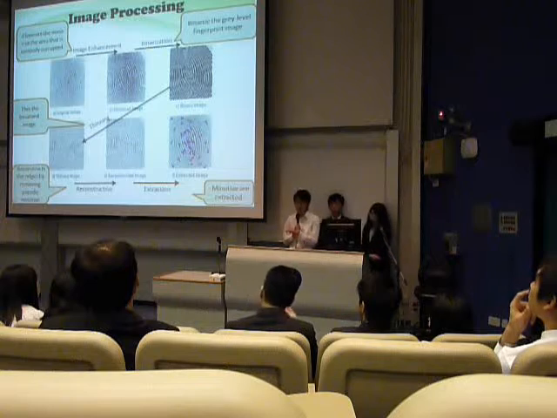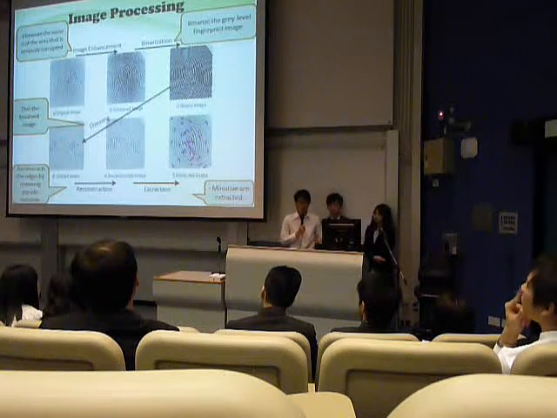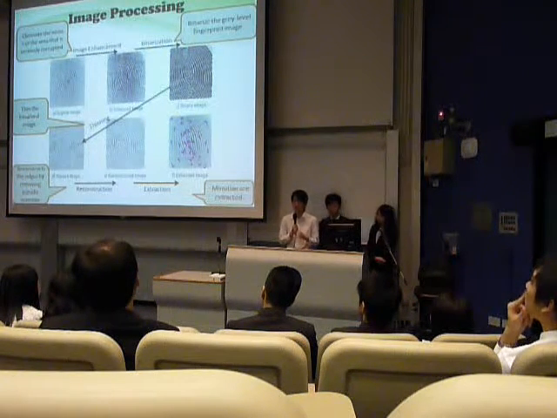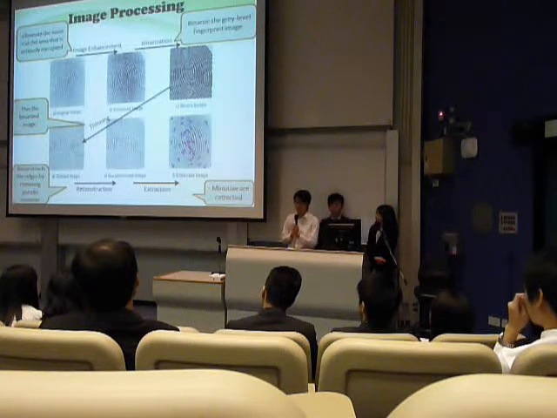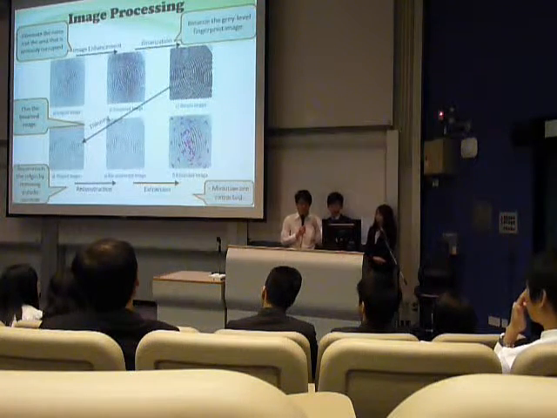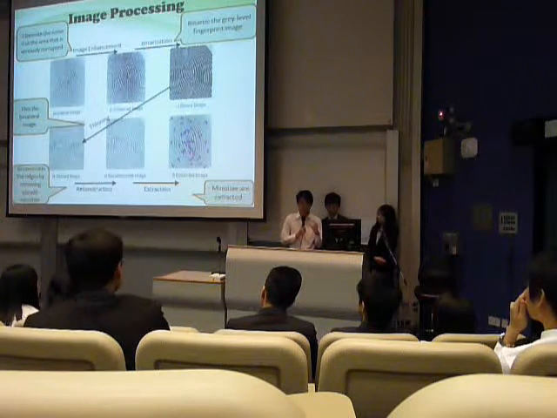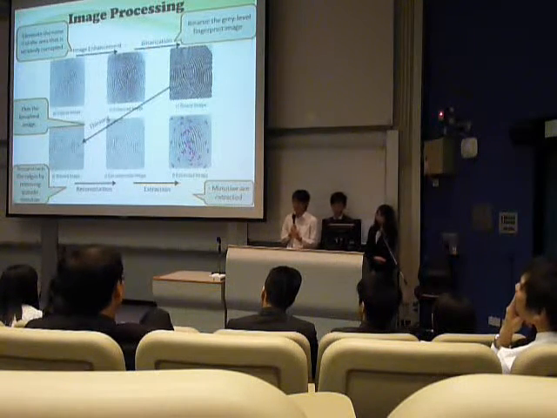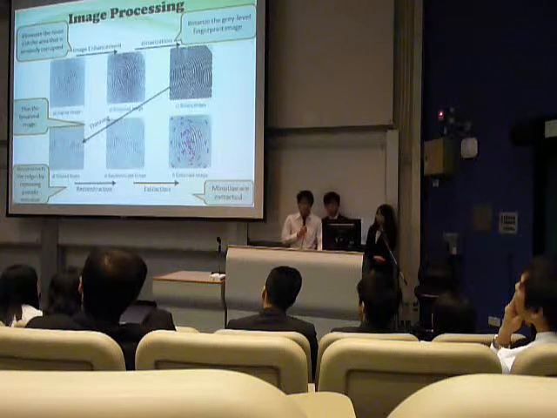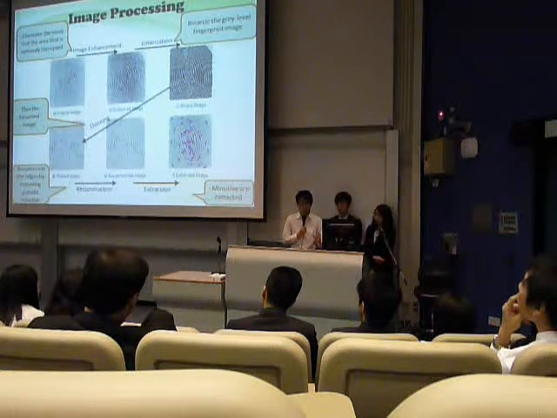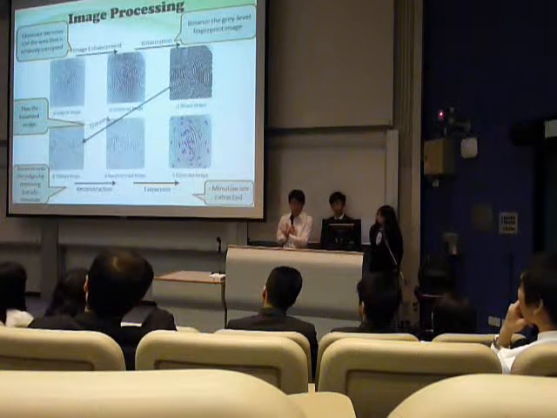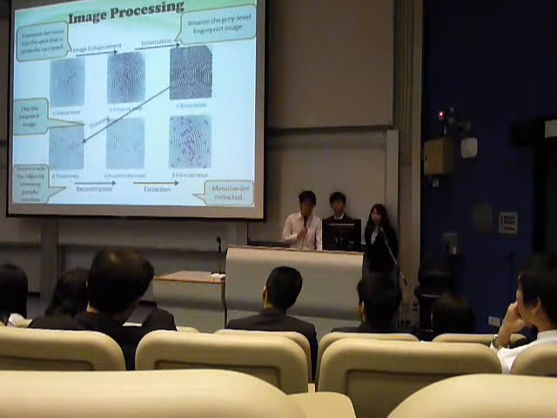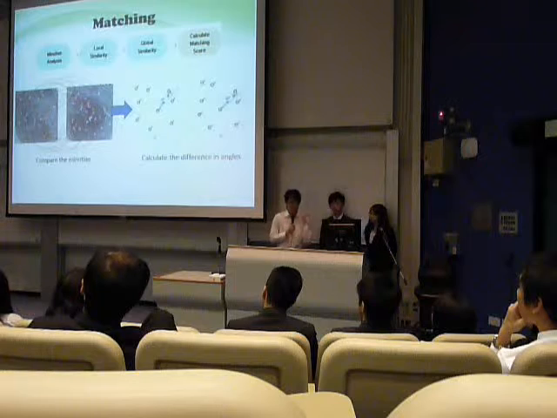Then we thin the binarized image and use the thinned image to reconstruct another image. Afterwards, we extract the minutiae from the reconstructed image for comparison. This process turns an input into an output, the extracted image for comparison. The next step is matching.